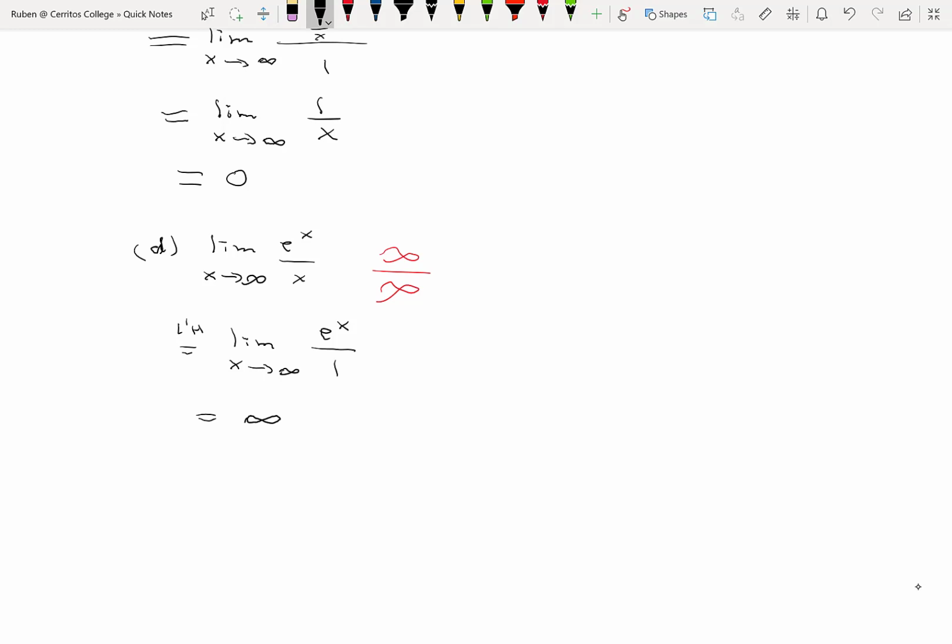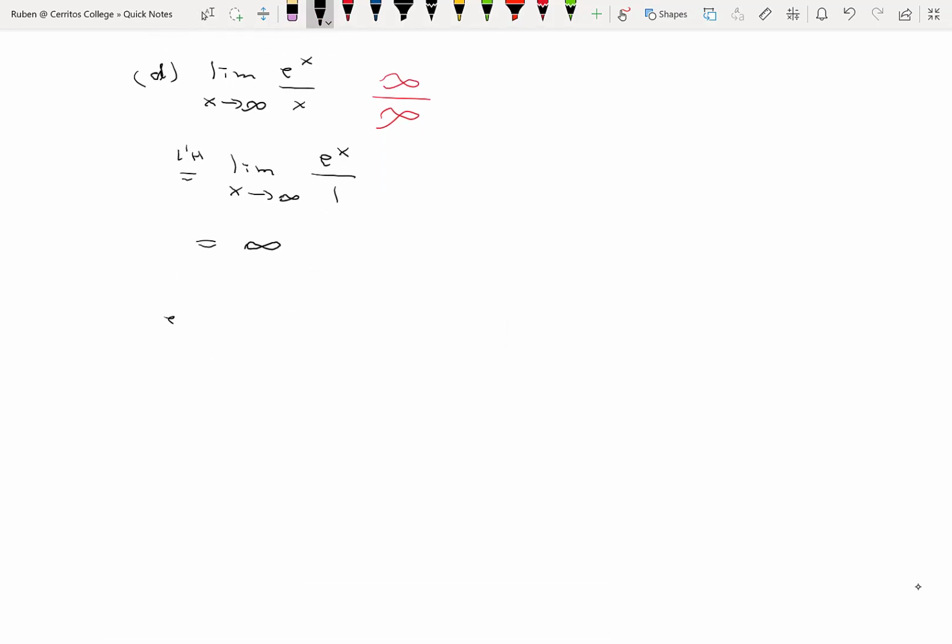Okay, let's do some more. E. Let's see how e to the x compares in this fashion with a function that grows faster than x. Squared. Okay, so now we're comparing the exponential function with y equals x squared.